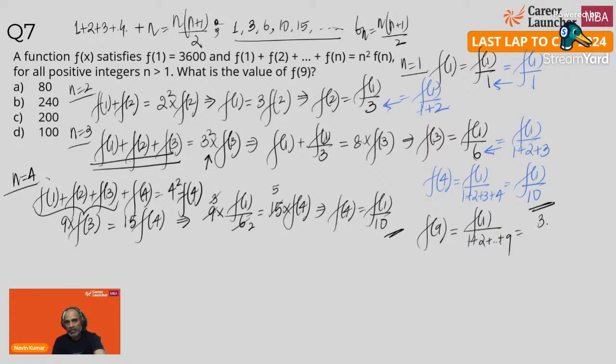So this is nothing but 3600 divided by the sum of 1 to 9, which is 9 into 10 by 2. So the 10 goes away, this 9 is 4, so we will be getting 80 as our answer.